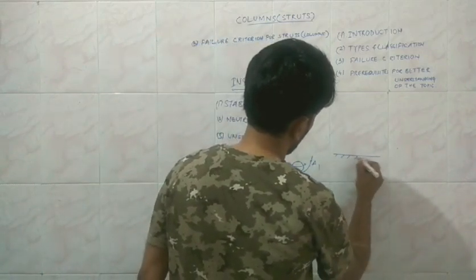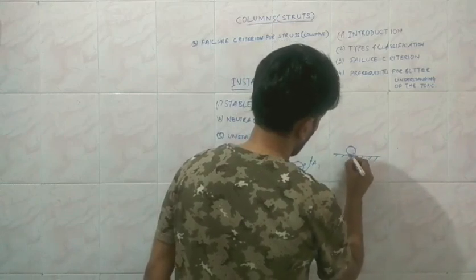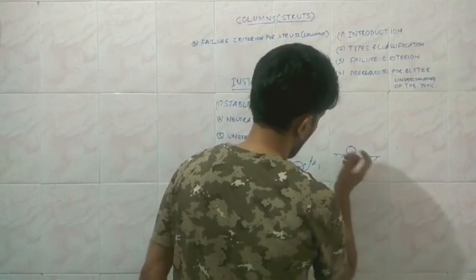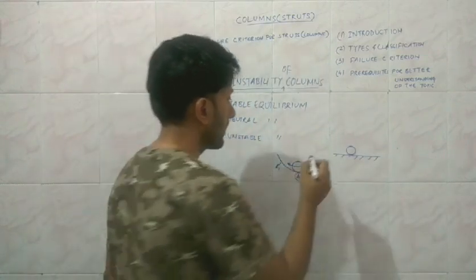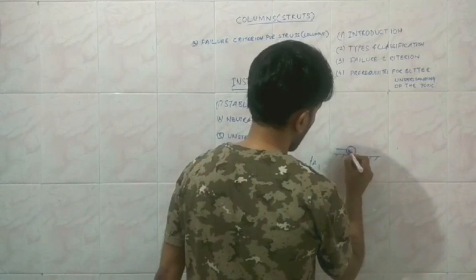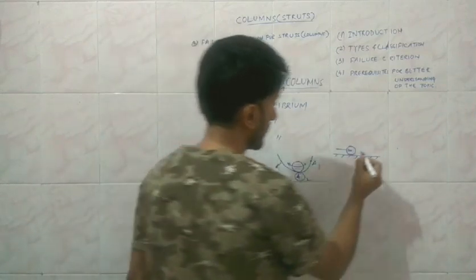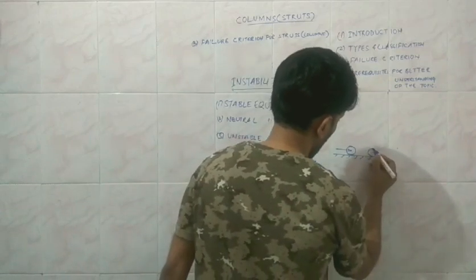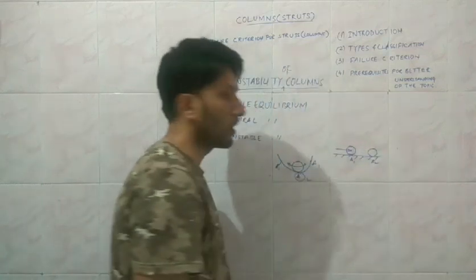Another is neutral equilibrium. Neutral equilibrium is when, for example, the confining surface for the sphere is horizontal, and whenever a disturbance is provided over here, depending upon the amplitude of the disturbance, it is going to acquire a new equilibrium state. Say if it is A1, then A2 is going to be the new equilibrium state.